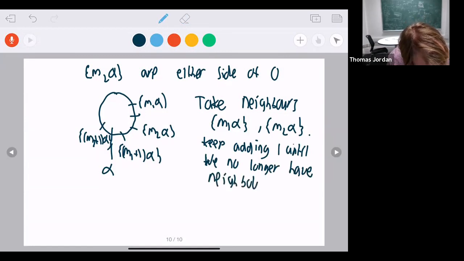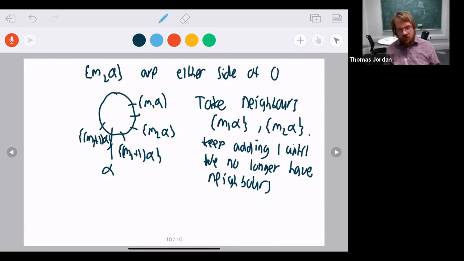And notice adding 1 doesn't change anything to the gap because we're adding alpha to both. And so however many times we do this, we'll eventually end up at one of our cases. So either M1 or M2 will end up as n, or will end up either side of 0.